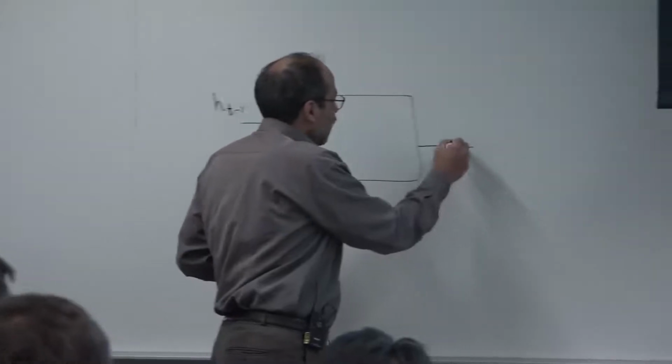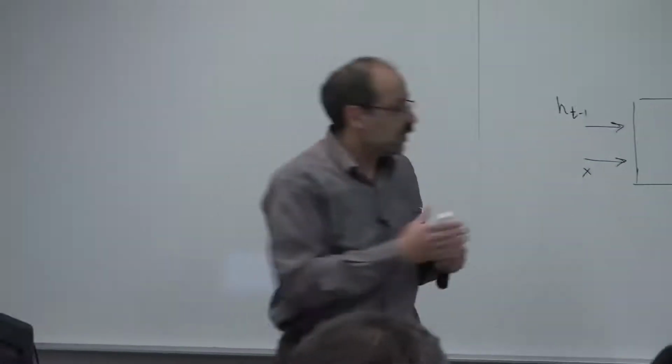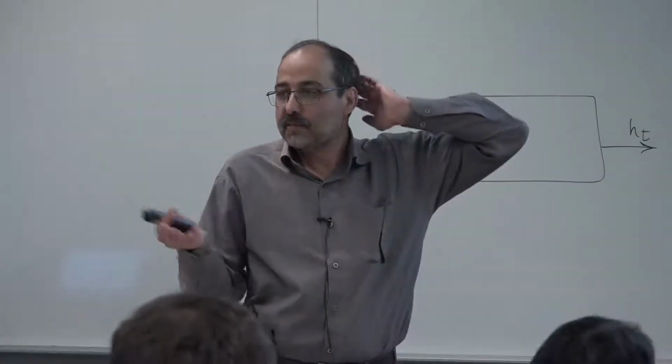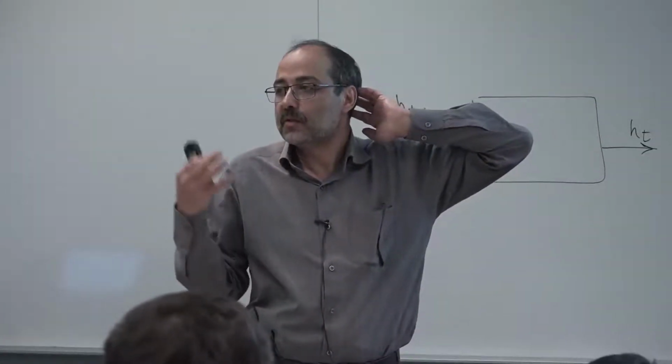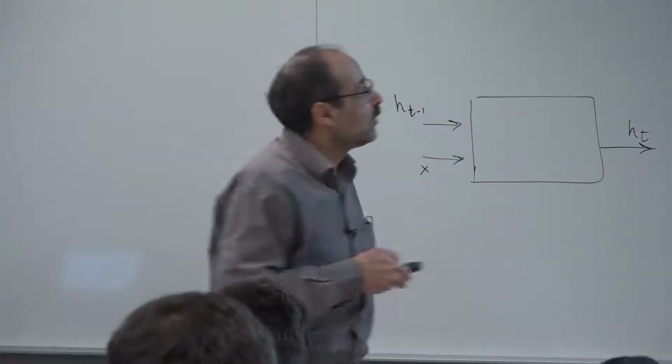And then you have HT. If you need many layers of them, you just put them together. But inside each of them is what we explained. And in modern packages, you don't need to worry about the derivatives and backpropagation because they take care of them automatically.